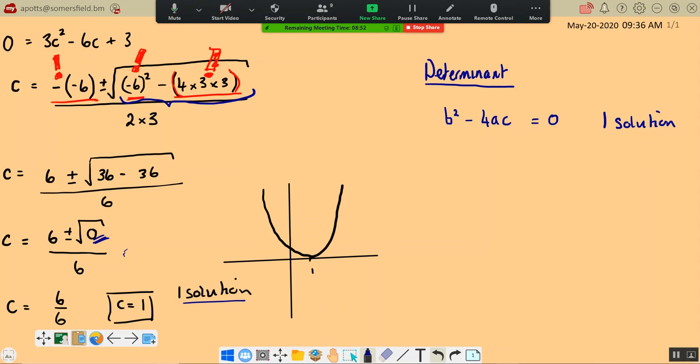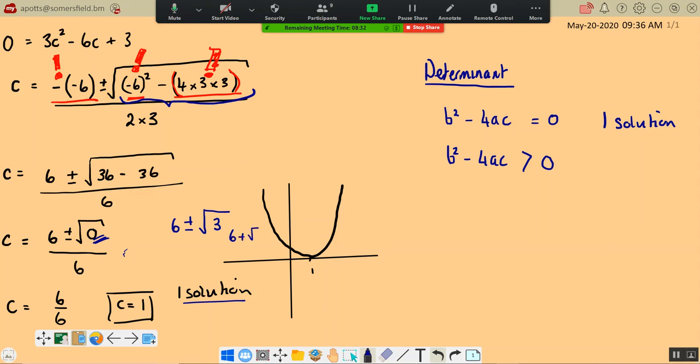But we could also have where the determinant is greater than 0, which means it's a positive number, which means here it might have been 6 plus or minus the square root of 3. So I'm going to have two solutions, aren't I?